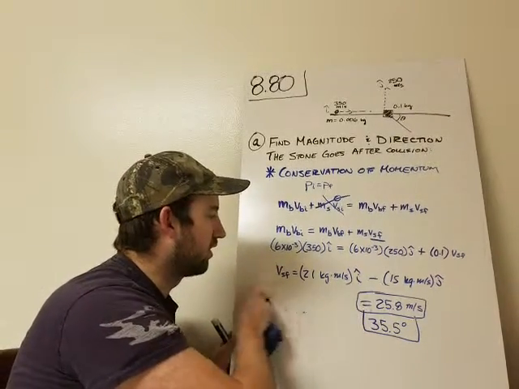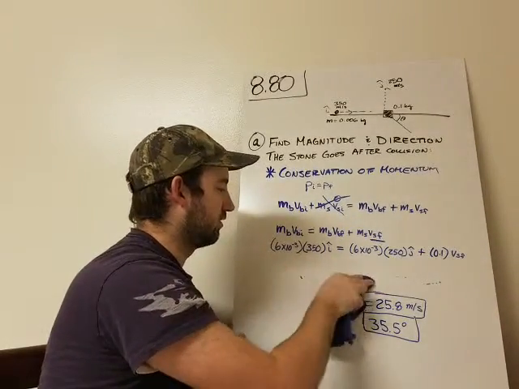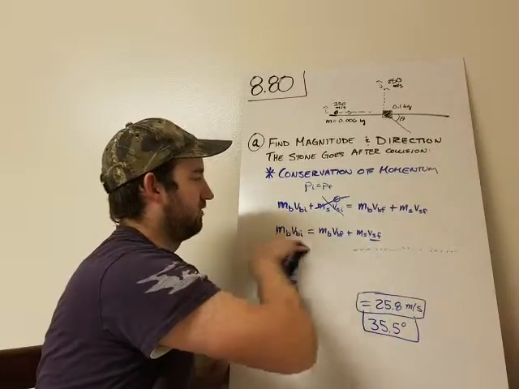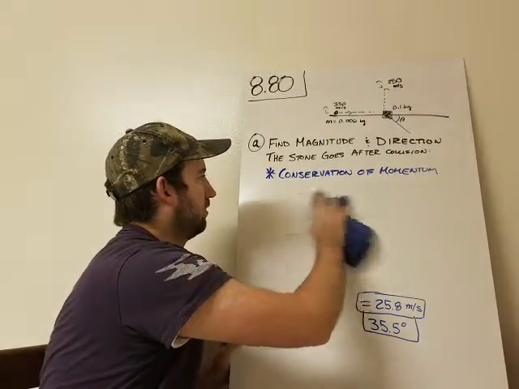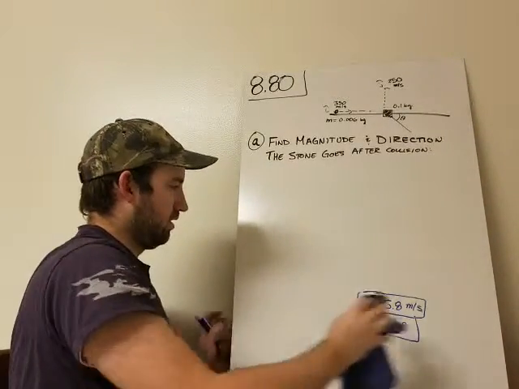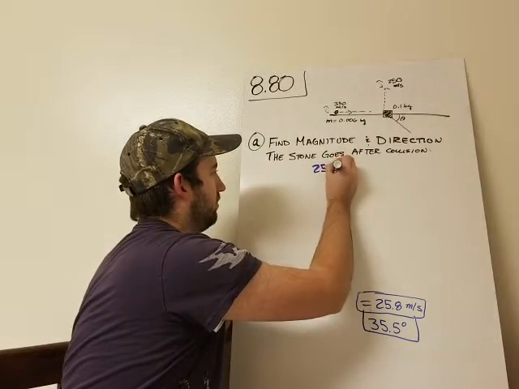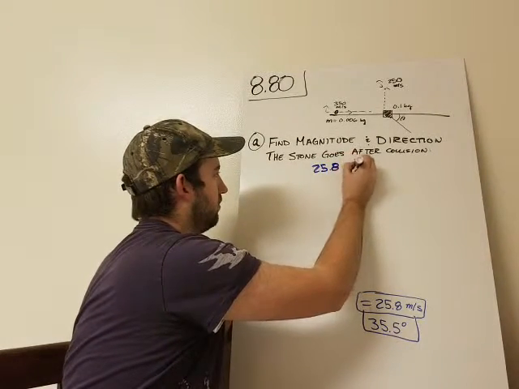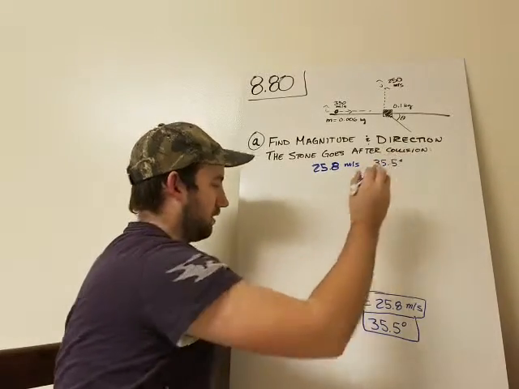So that's it for part A. I'll erase, and we'll keep the information we have, which is good to have. We'll keep these up here, so 25.8. Okay.